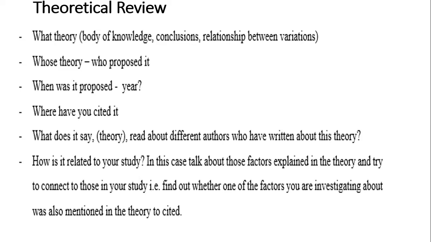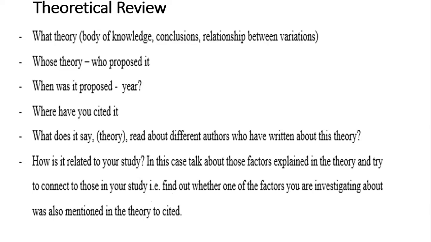So it is important for you to have a logical link between the theory and your study problem. If you can do that, you can even find out the weaknesses in that theory. You can also point them out here. In other words, you do a critical review.